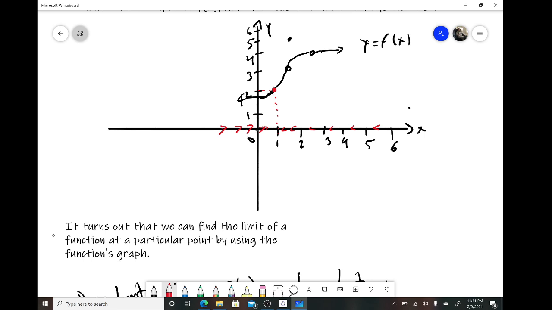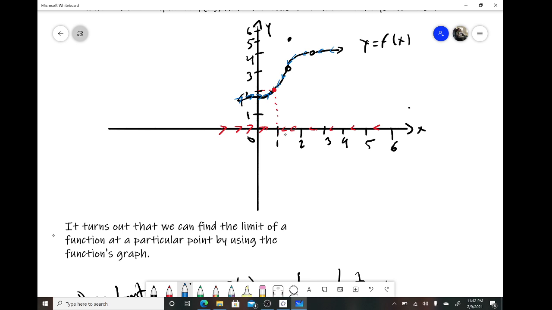As these x values are traveling on the x-axis, remember they are all real values and they all have output values on the function above. You're moving from right to left on the function, and similarly going on the other side from left to right. So you begin to approach a particular value.